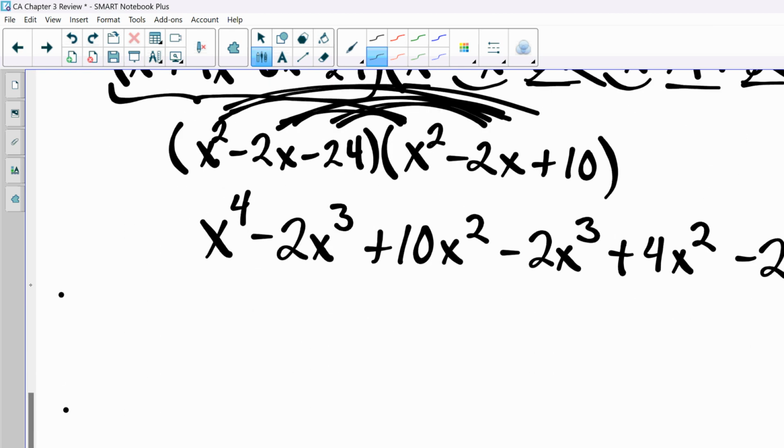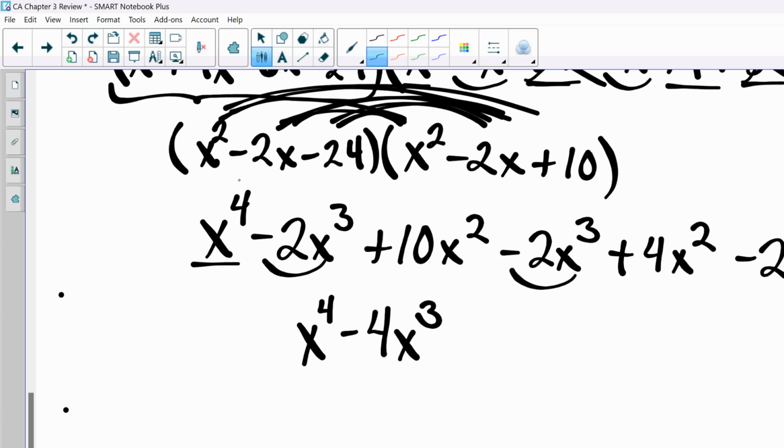And last but not least, we're going to combine like terms. x to the fourth is going to be by itself. It's the only term that has x to the fourth. We have 2x to the thirds, so negative 2x to the third minus 2x to the third is negative 4x to the third. 10x squared plus 4x squared is 14x squared, minus 24x squared is negative 10x squared.